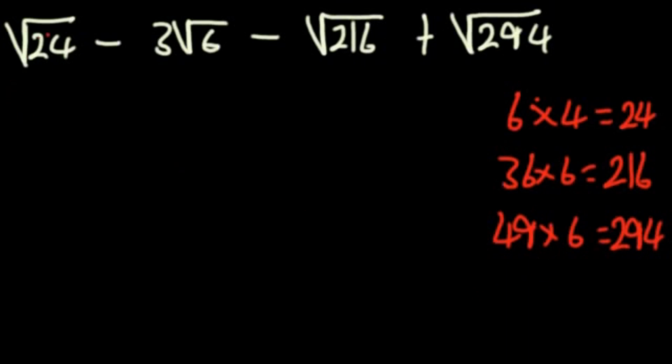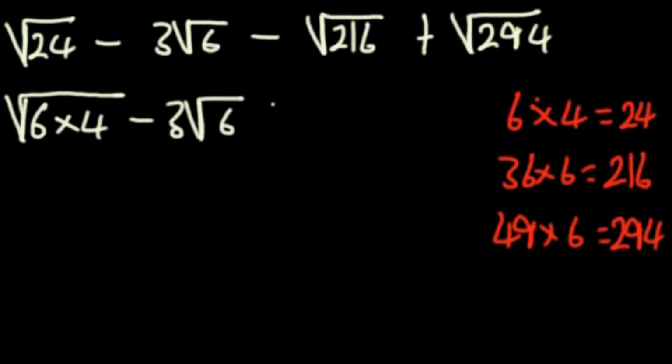Now it means we can replace them with the particular values that we got. For square root of 24 we can replace with square root of 6 times 4, minus 3 root 6, minus. Now for square root of 216 we can replace it with 36 times 6, so we have square root of 36 times 6.